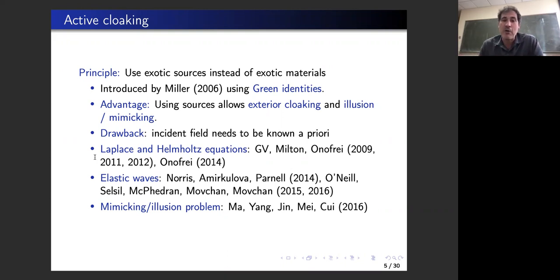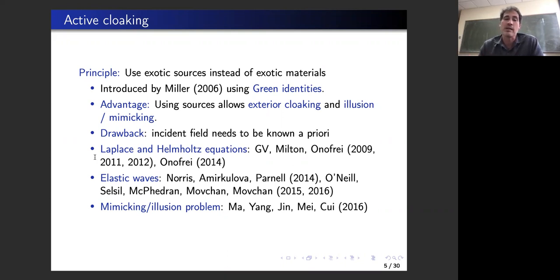That's the name of his paper, on perfect cloaking. The advantage is that you can do other things, not only cloaking, but you can do illusion and mimicking of objects or sources.